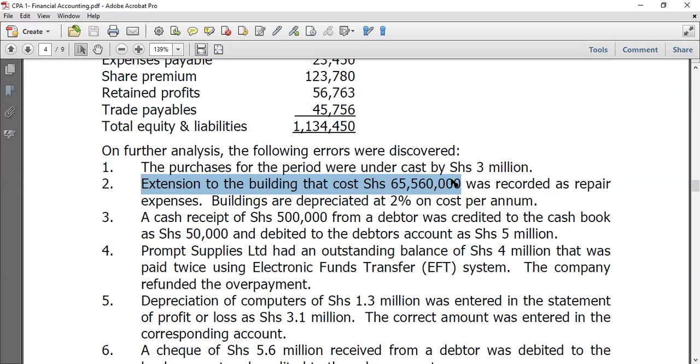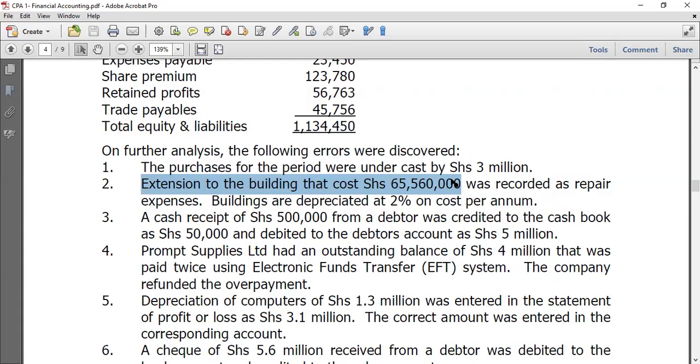When I say it should be capitalized, I mean it should be posted into the asset account. And any other expense that does not bring about an increase or improvement in the capacity of an asset should be expensed, because it's a revenue expenditure.